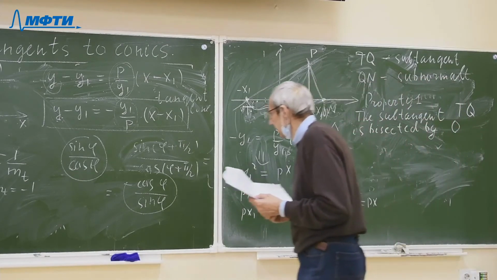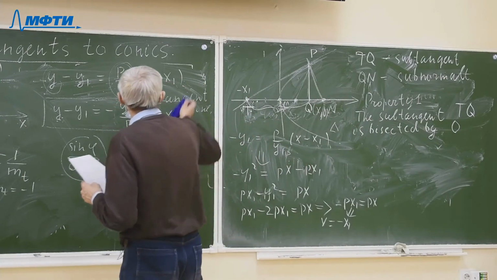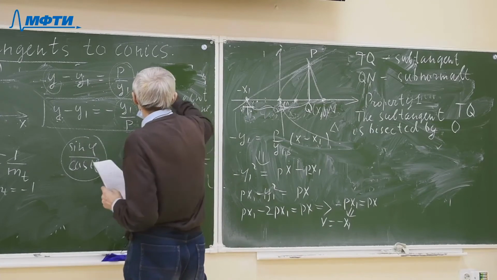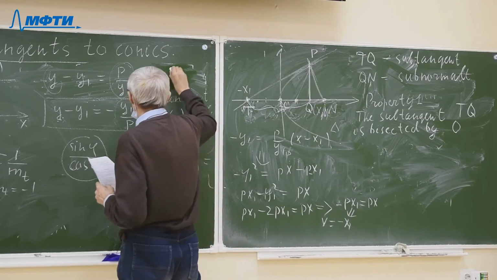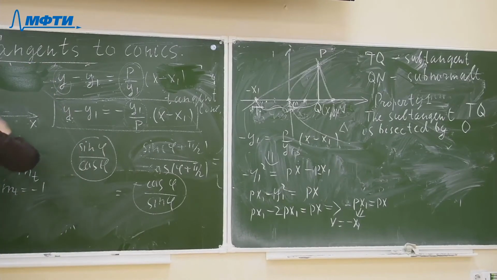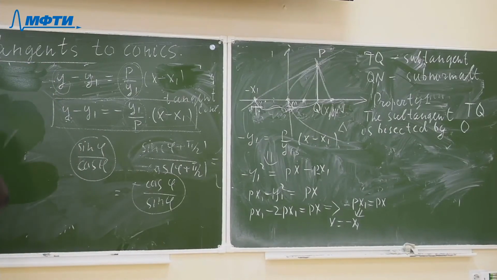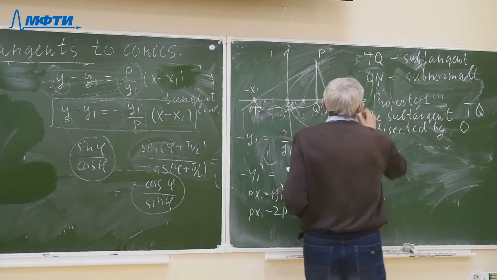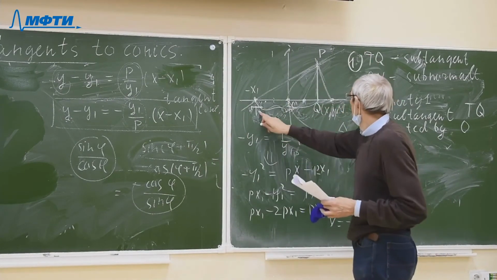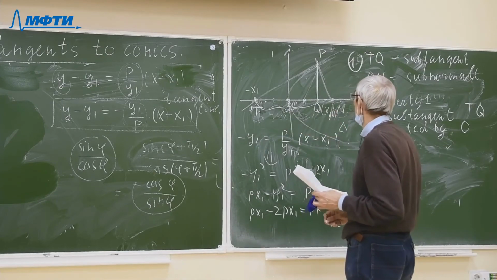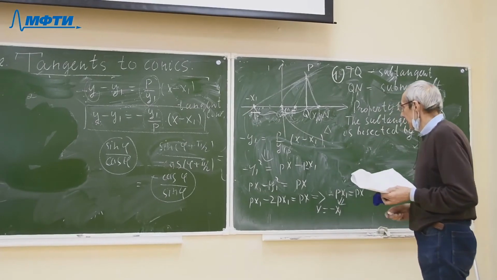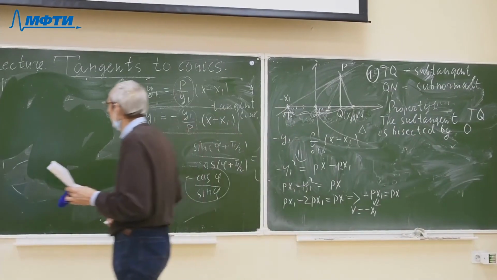And the second property, which was proved before, asserts that TN is divided by the focus into equal parts.